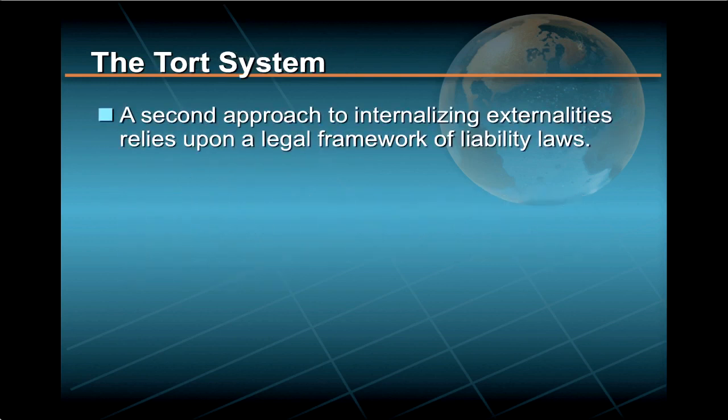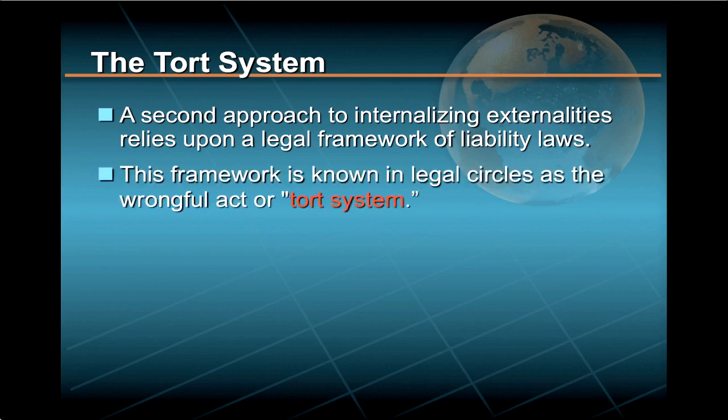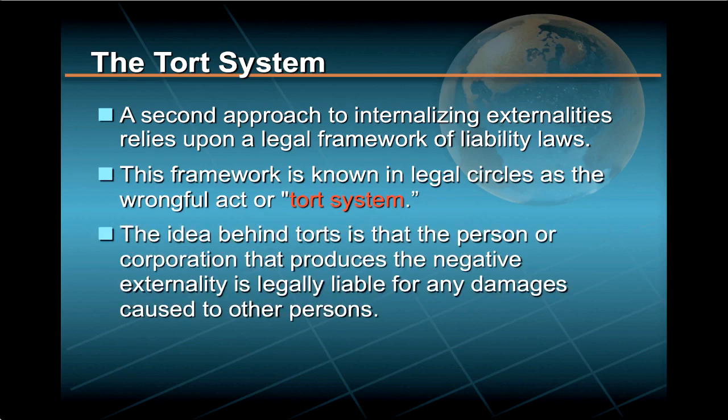A second approach to internalizing externalities that likewise has some limited applicability relies upon a legal framework of liability laws. This framework is known in legal circles as the wrongful act or tort system, and the idea behind torts is that the person or corporation that produces the negative externality is legally liable for any damages caused to other persons.